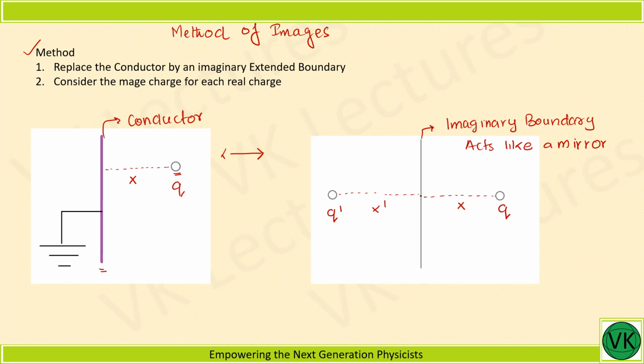Our aim is to find x dash and q dash, which are the image distance and the image charge. So q dash is the image charge and x dash is the image distance. This is the real charge, and this is the distance x.